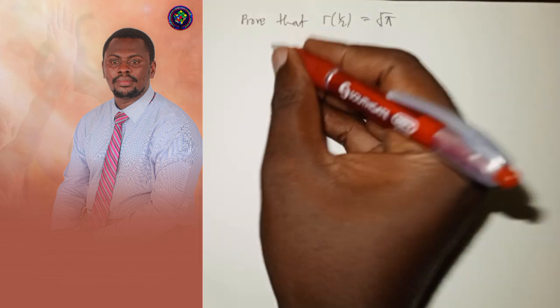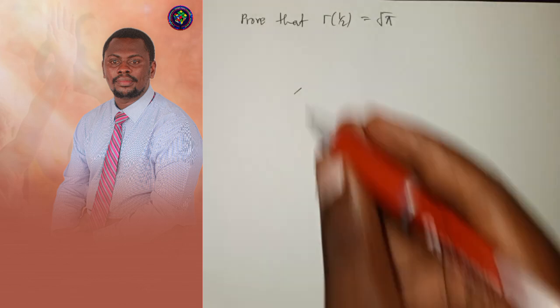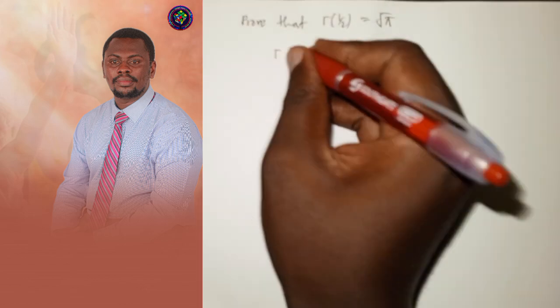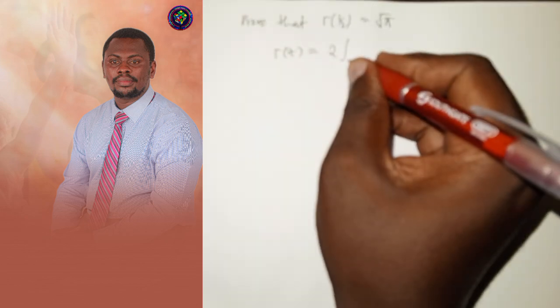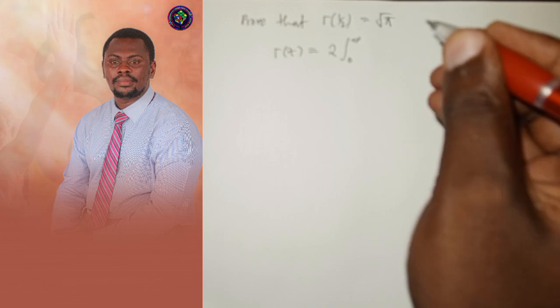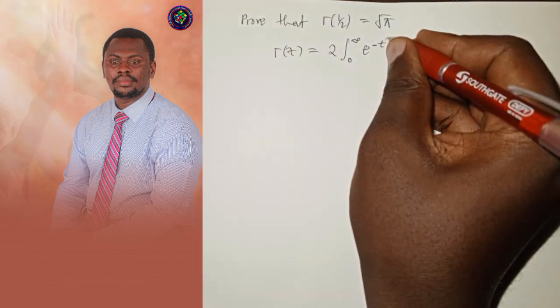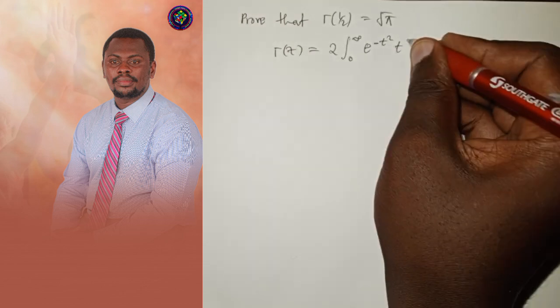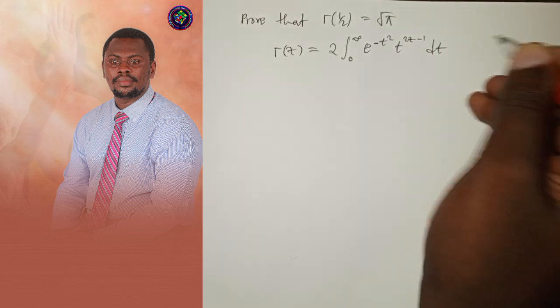The second form of the definite integral definition states that gamma of z is equal to 2 integral from 0 to infinity of e to the minus t squared and t to the power 2z minus 1 dt.